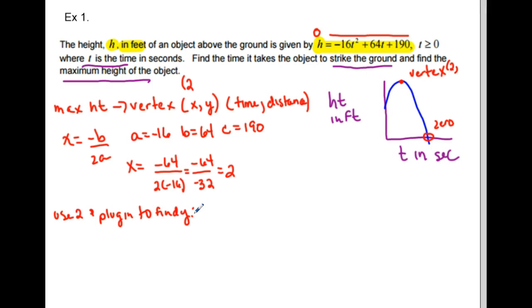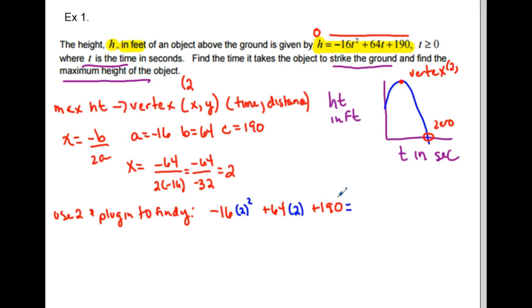Okay, so we're going to find the y value of our vertex. So I'm going to take negative 16, plus 64, plus 190. Now I'm going to change my pen color, and plug in the number 2. So there's 2 squared plus 64 times 2. And I'm going to compute this out.